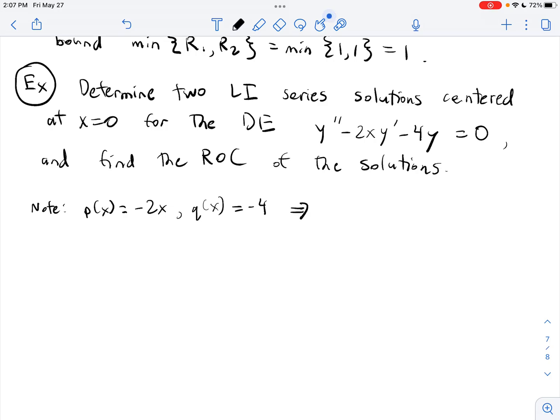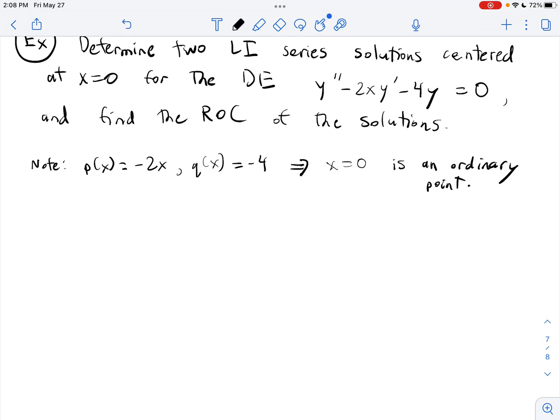Of course, these are both polynomials, so this means x equals 0 is an ordinary point. Okay, that's good. So that means we can center a series there.